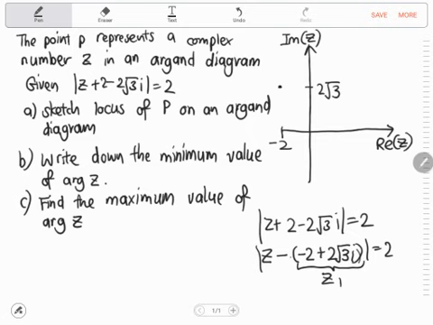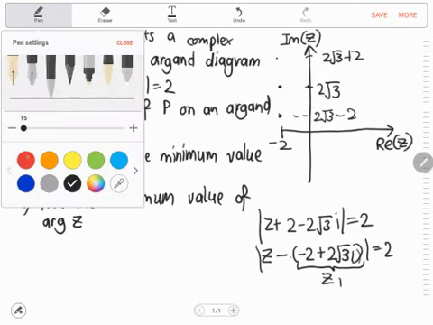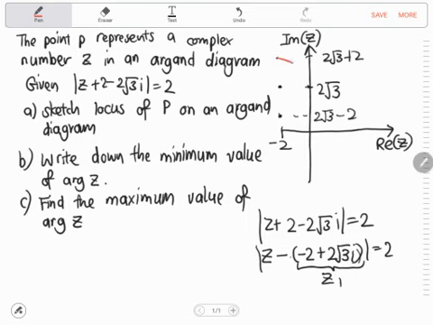So 2 root 3 is more than 2. This point would be my 2 root 3 minus 2. This point will be my 2 root 3 plus 2, and minus 2 plus 2 will give me somewhere here. So you can see that my locus should be somewhere here, where this point would be minus 4.